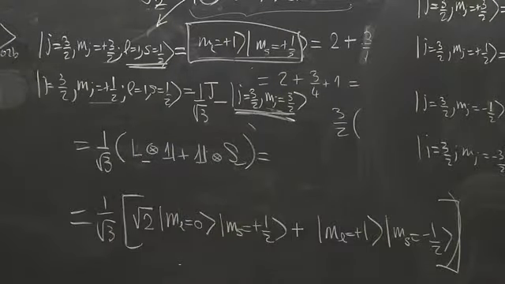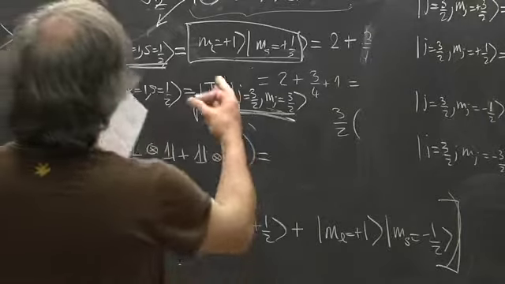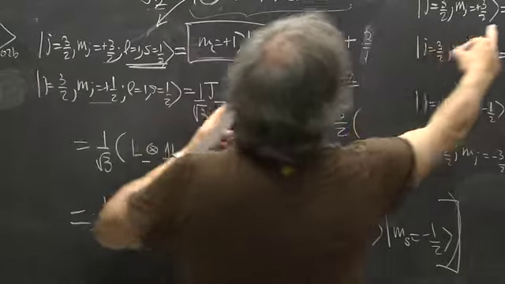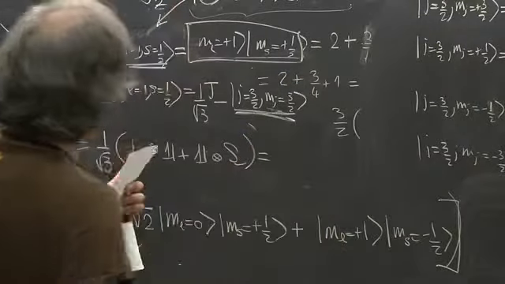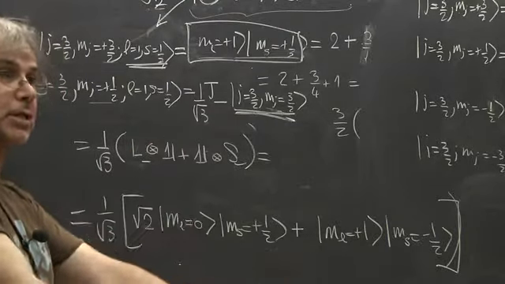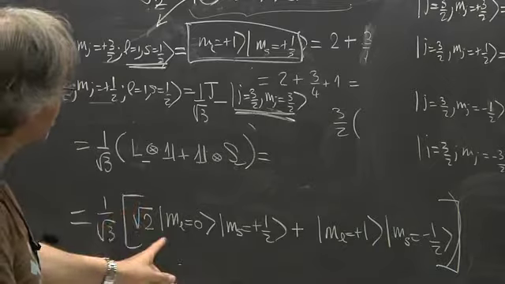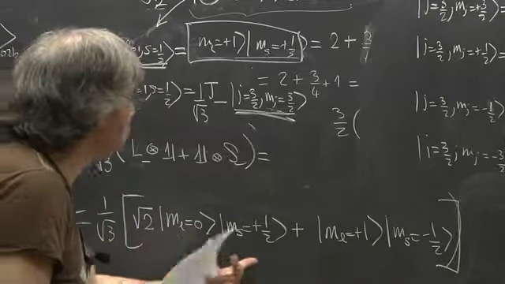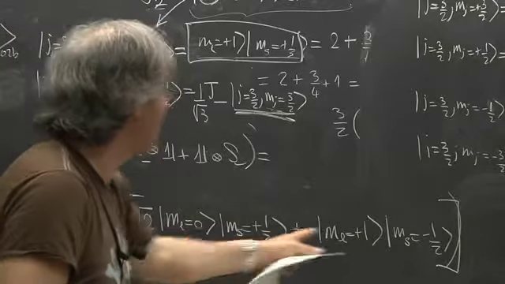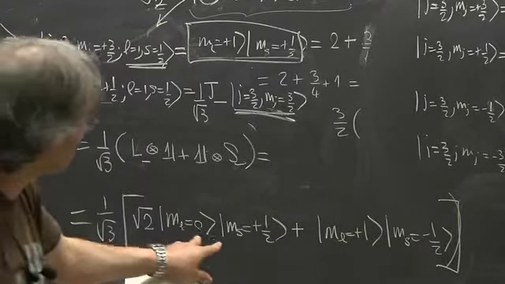Okay? Now you see the bizarre thing. You started from a product state. Where was it? Here. This one. You applied L minus plus S minus, so a sum of 2 things living in the 2 subspaces, and you got the sum of 2 product states. Not the product state. This is not the product. It's the sum of 2 elements. Each of them is a product.